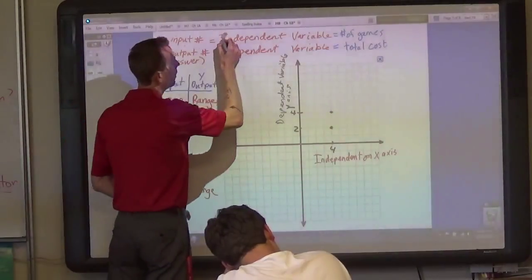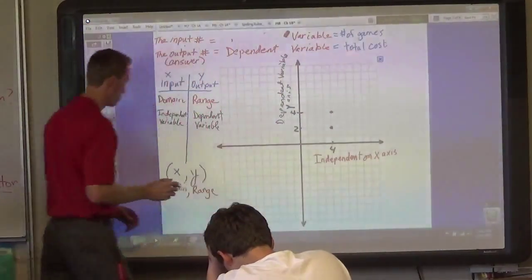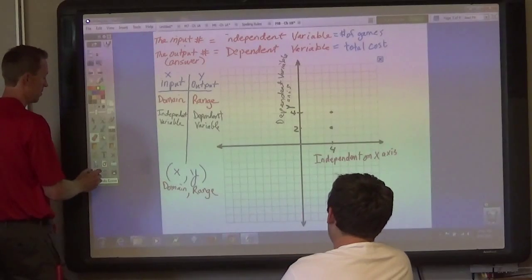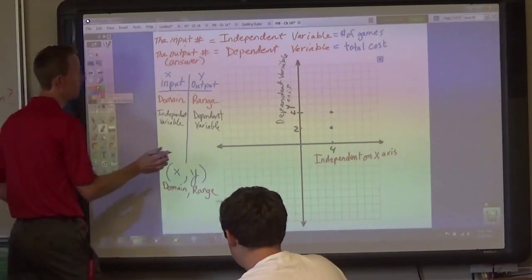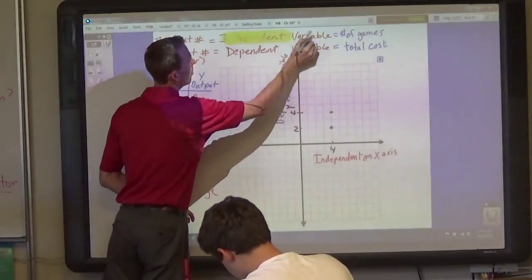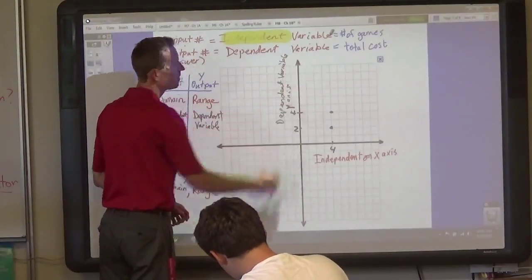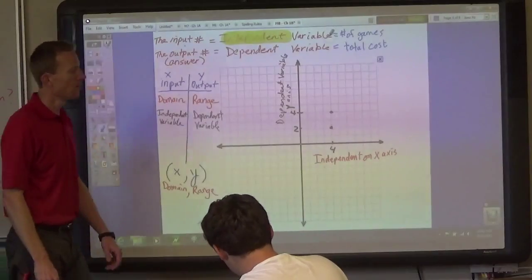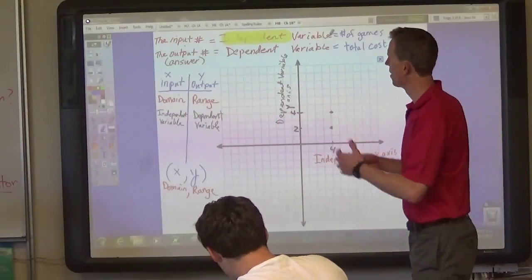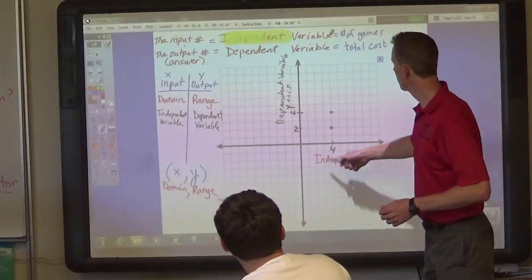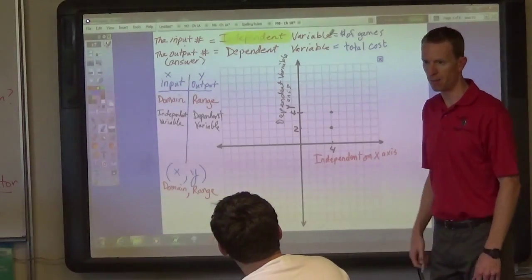One of them is called the independent variable. I wanted to highlight it. There we go. The independent variable. This is the variable that is the number that is not dependent on the other number. It's the number of games that you order, for example.